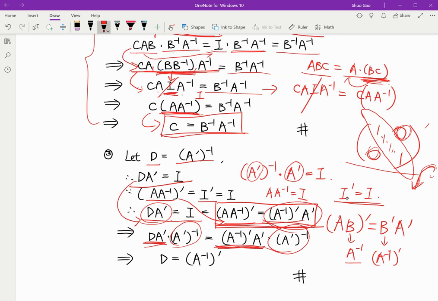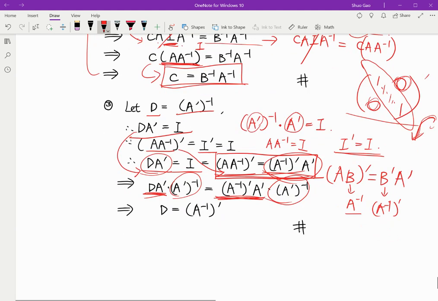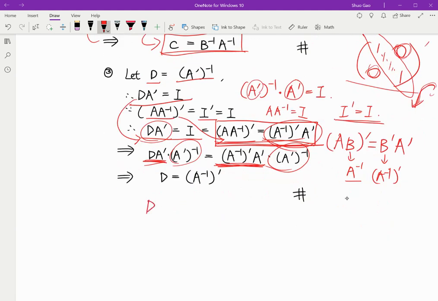When you multiply another matrix behind both of them, the results should be the same. So D A prime times A prime inverse is just D times I, right? Because this is just I, and it's just D.